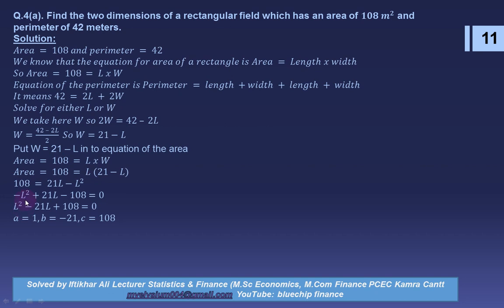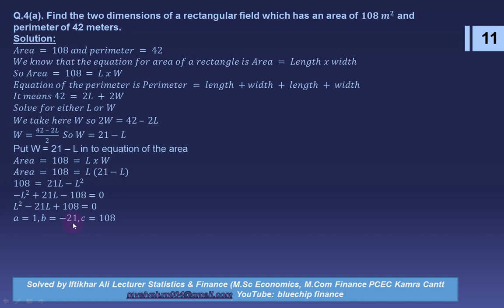If you want to change the sign of an element of the equation, then you should change the sign of the whole equation. So minus L square plus 21L minus 108 will become plus L square minus 21L plus 108 equals 0. So it is a fit case for the quadratic equation. A will be equal to 1, the square term represents A, the power 1 term represents B, and the constant represents C.